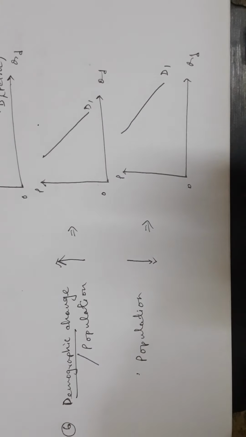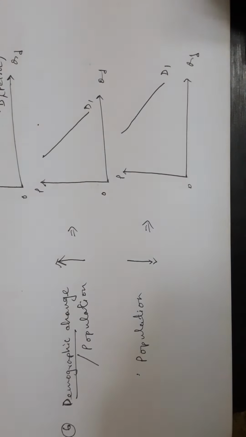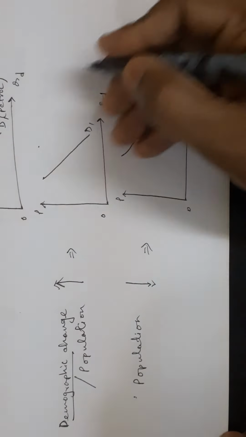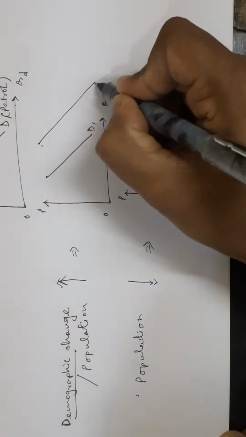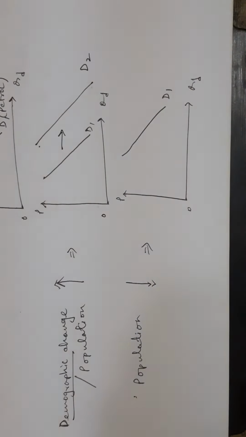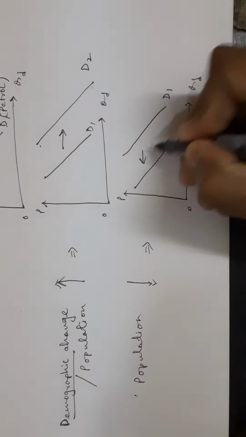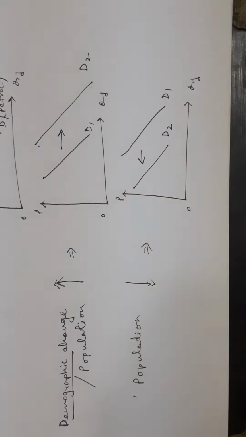Together, their combined demand will be higher. Because of that, when population rises, demand rises, and the demand curve shifts to the right from D1 to D2. If population falls, demand falls, and the demand curve shifts to the left from D1 to D2.